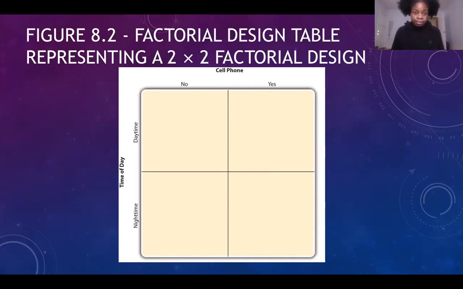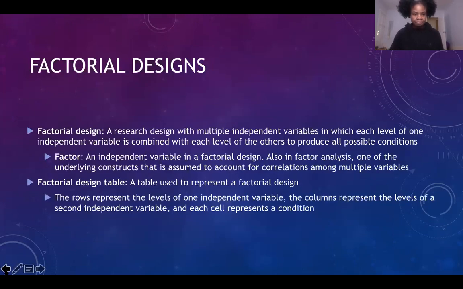This is a 2x2 factorial design because it combines 2 variables, each of which has 2 levels. Pause here and take a moment to make sure you understand this figure.